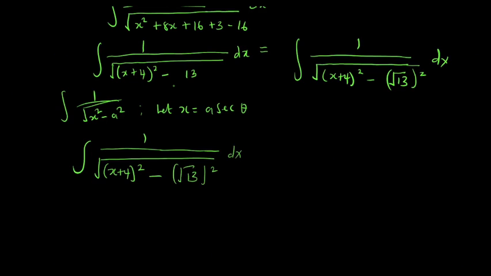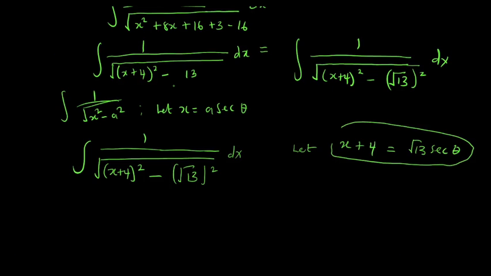So we say let x plus 4 equals square root of 13 sec theta, right? So I'm going to differentiate this expression with respect to theta. So we have dx equals square root of 13 sec theta tan theta d theta.